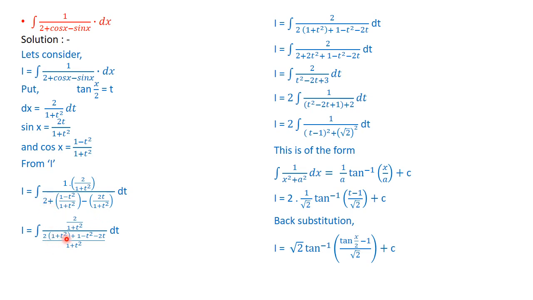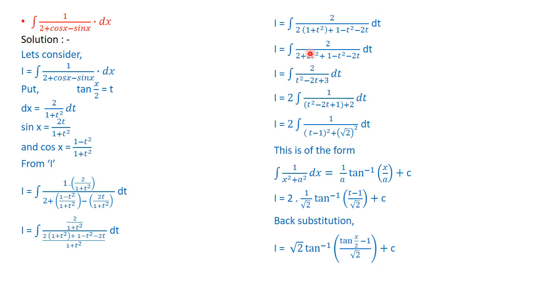So 2 into 1 plus t square plus this term 1 minus t square and minus 2t. And the common denominator is 1 plus t square. Now 1 plus t square gets cancelled from numerator and denominator. Remaining terms are 2 by 2 into 1 plus t square plus 1 minus t square minus 2t.